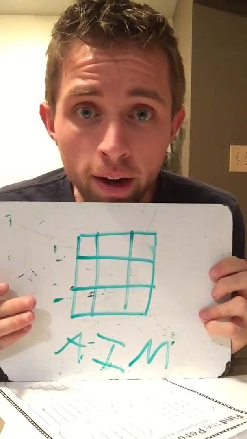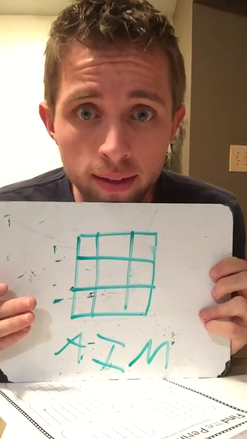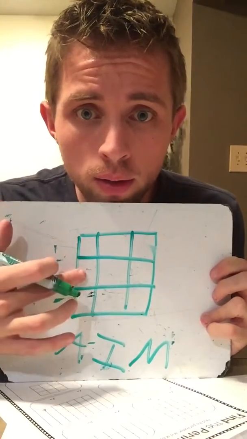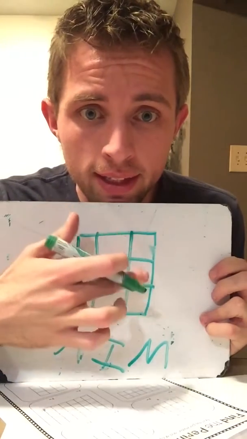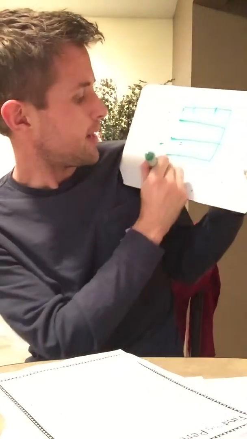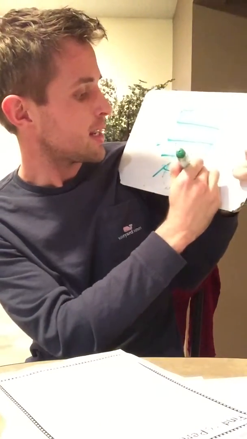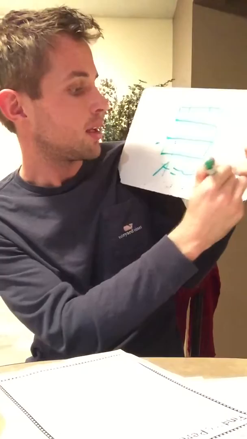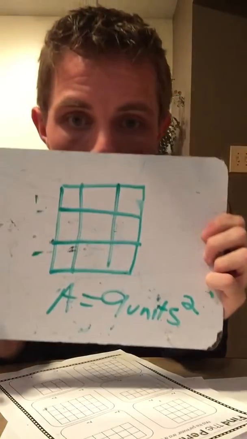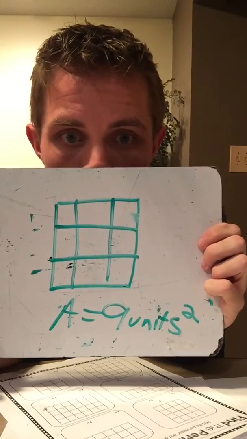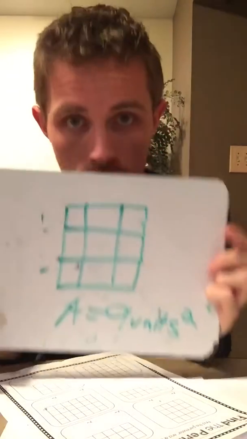So remember, to find the area, I just count the tiles on the inside. 1, 2, 3, 4, 5, 6, 7, 8, 9. So my area equals 9 units. What? Remember, that tiny 2 up top. Squared. Area equals 9 units squared.